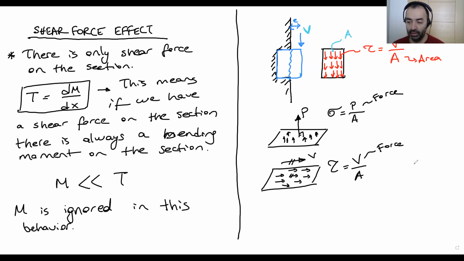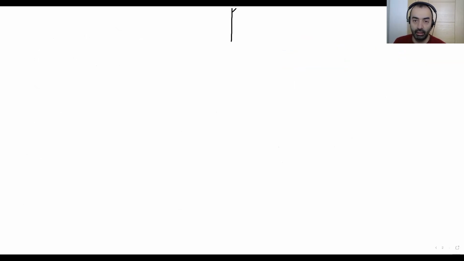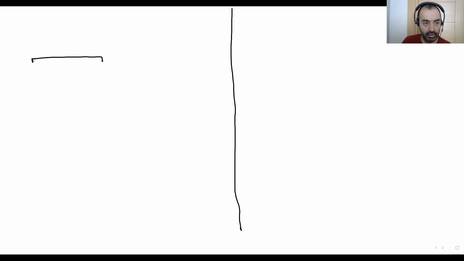Another example regarding this behavior. Sometimes we connect two timber members to each other with glue. Okay, let me draw it. For example, here we have a timber member, a timber plate, and there's also one here.